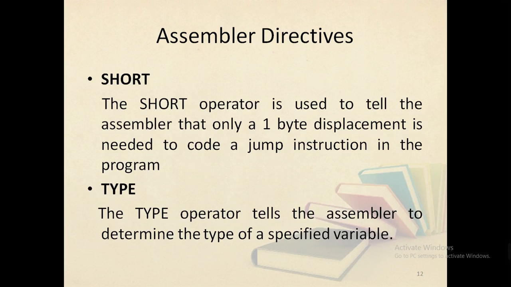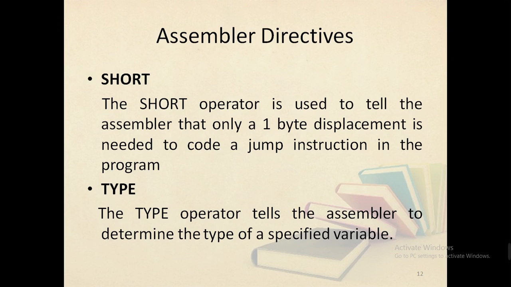Coming to the next assembler directive, SHORT. The SHORT operator is used to tell the assembler that only a 1 byte displacement is needed to code a jump instruction in the program. The destination must be in the range of -128 bytes to +127 bytes from the address of the instruction after the jump. Next, coming to TYPE.